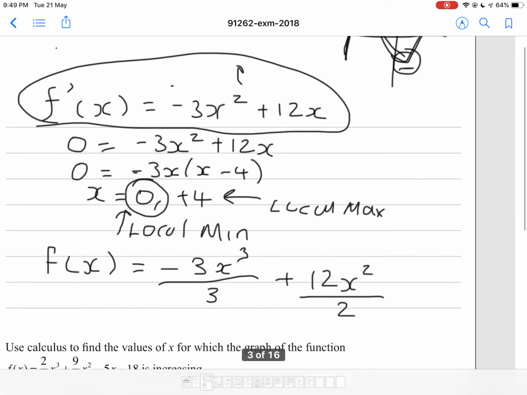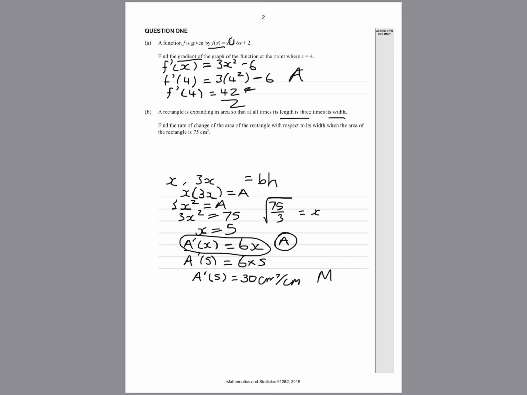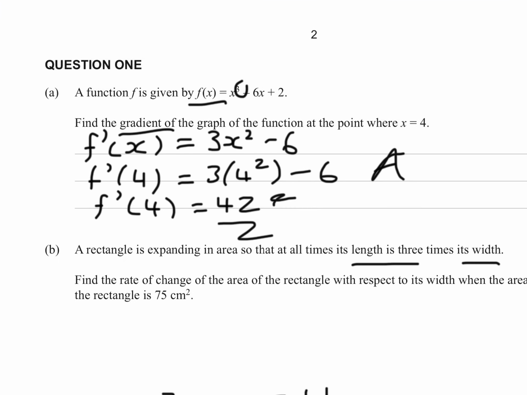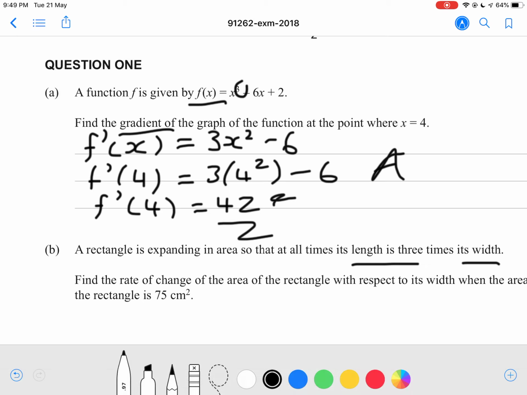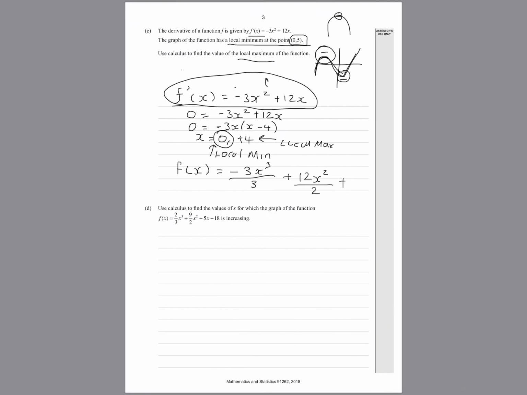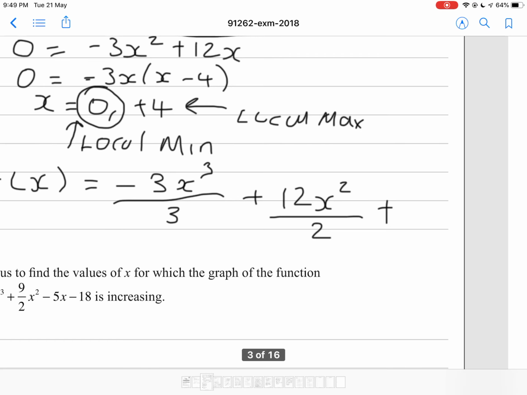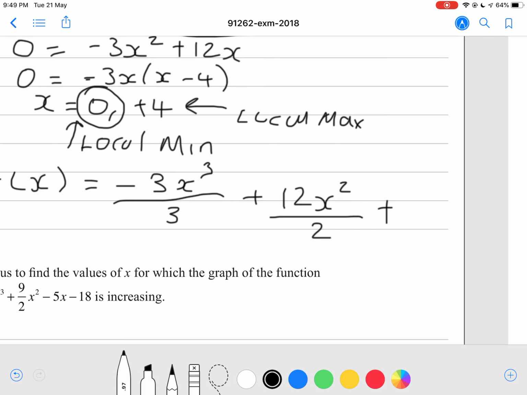Remember when we differentiated back here, the plus 2 is gone. So f dash of x, the plus 2 is gone. So this could have a plus something that was lost during the differentiation. We don't know what it is, so we'll just say plus c.